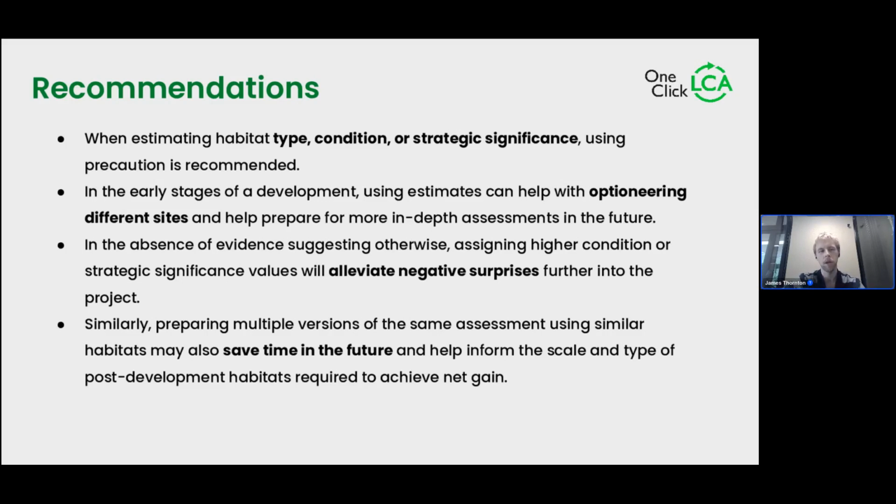These recommendations will probably help. If we're at the point where we just need to do some estimates of habitat type, condition, or significance, we don't have a site selected, but we have 2 or 3 options, and we just want to get an idea, use precaution. That's the key thing.